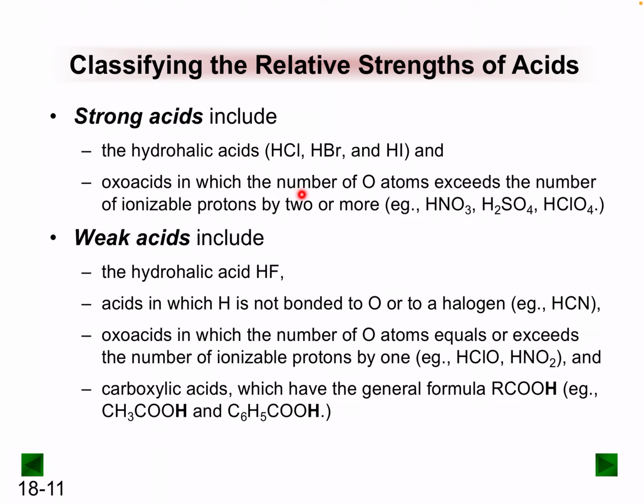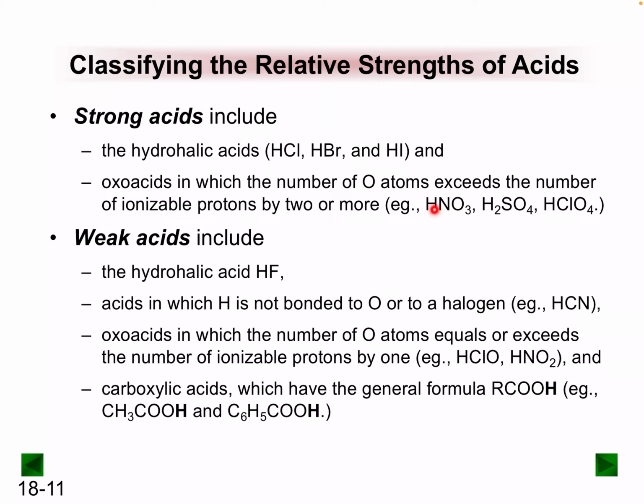Oxo acids in which the number of oxygen atoms... Now in our acids you can have oxygen and hydrogen. So if the number of oxygen atoms exceeds the number of ionizable protons by 2 or more, they are considered strong acids.